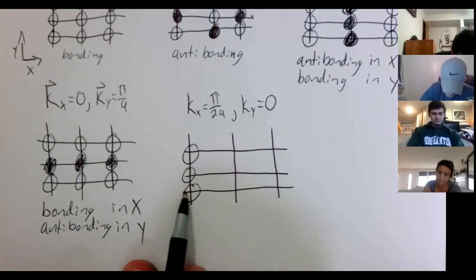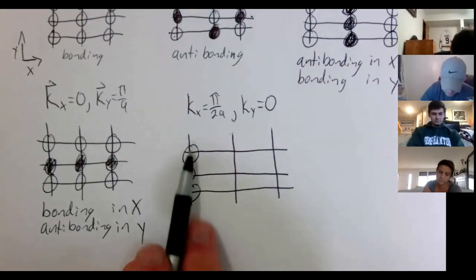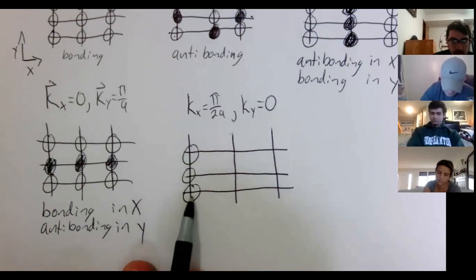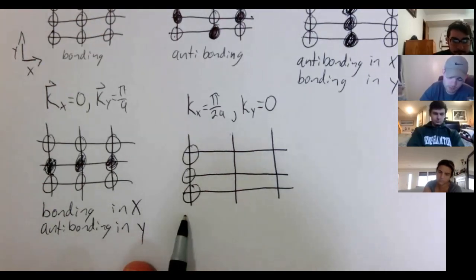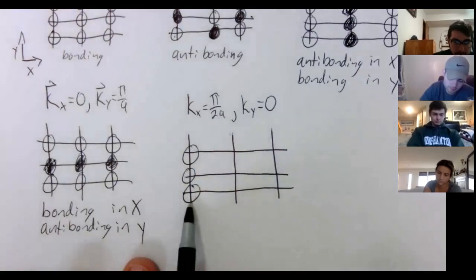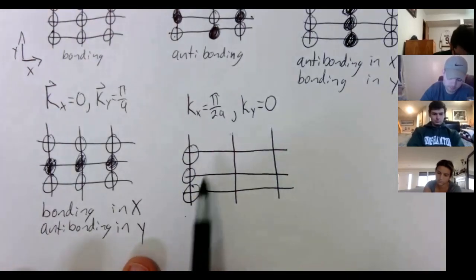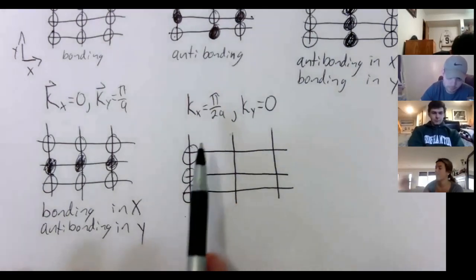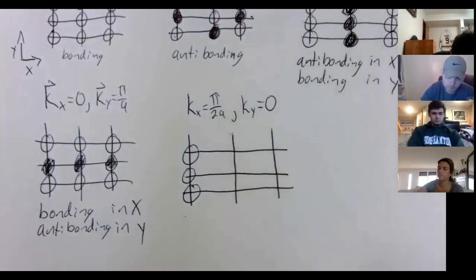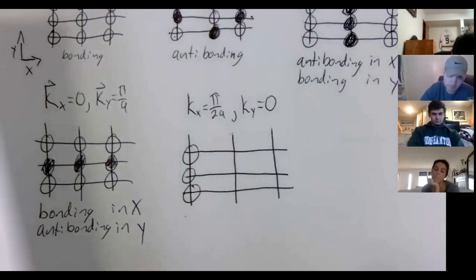Ky, let's consider that one first. What should happen along there? Should they all be in phase or out of phase with one another? Won't they all be in phase? Yep, they're all in phase with one another. Kx, we're at a situation where it's pi divided by 2a. So let's look at our band structure real quick for our 1D system.